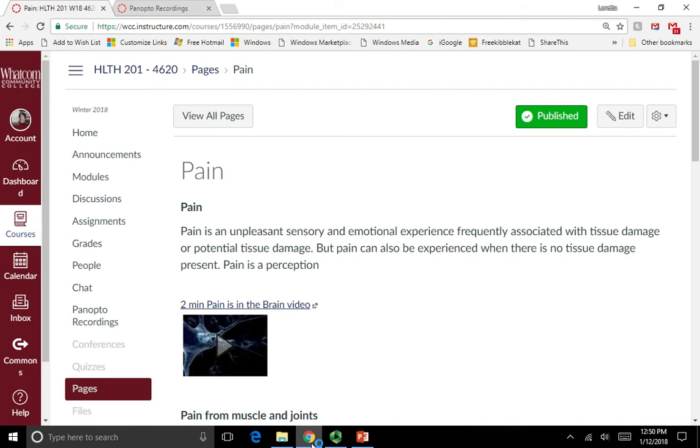It means the tissue is not actually damaged, but there's the potential for tissue damage, and we're perceiving that as pain. But pain can also be experienced when there's no tissue damage present. Pain is a perception. Pain results from sensory information and the processing of that information, and the brain decides whether it's going to be pain or not.